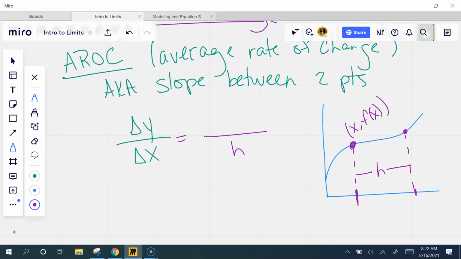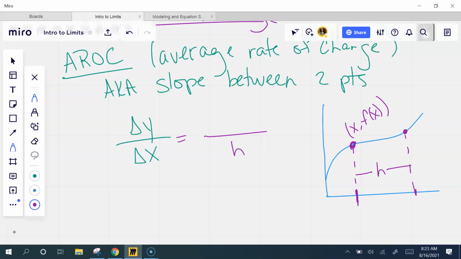The change in x, because the distance between the 2 points on the x-axis, I'm going to define as being h, okay? And this is going to make sense when we get to the calculus part of it. That's why I want to define this. H is the change in x. This is because we're getting to the formal definition of something.